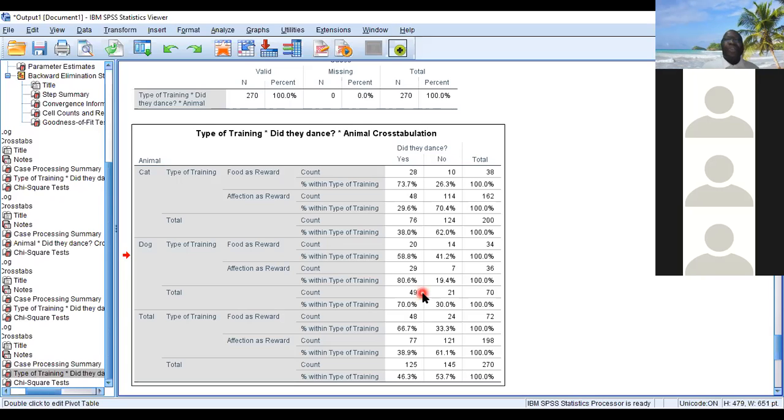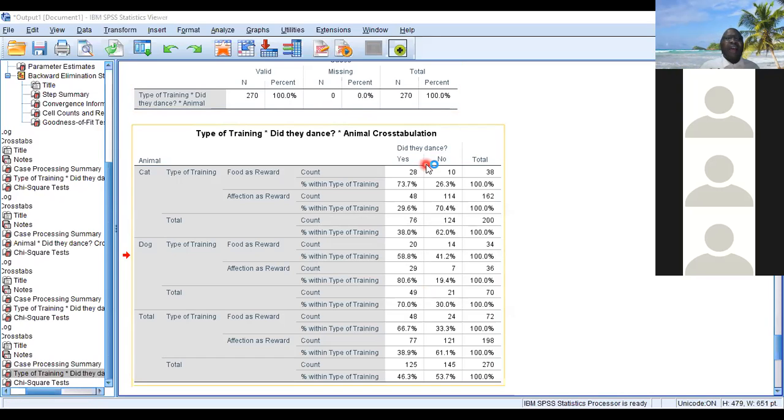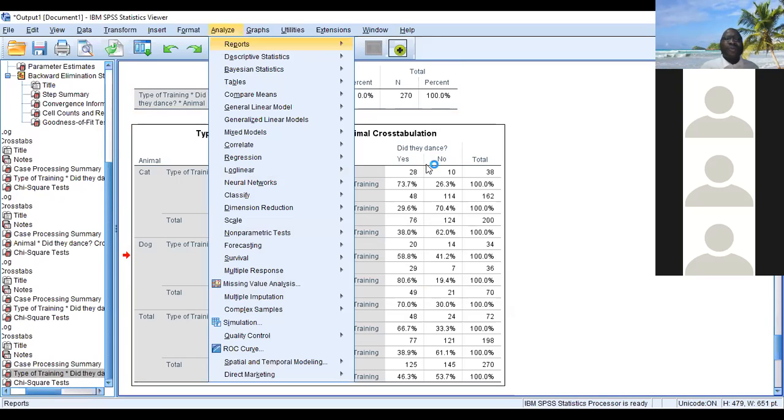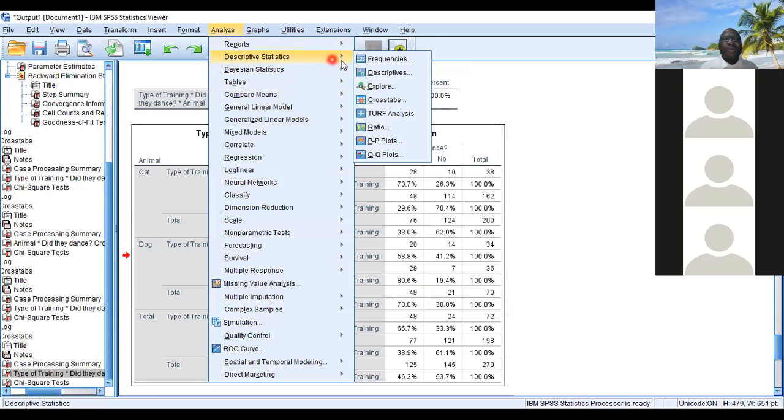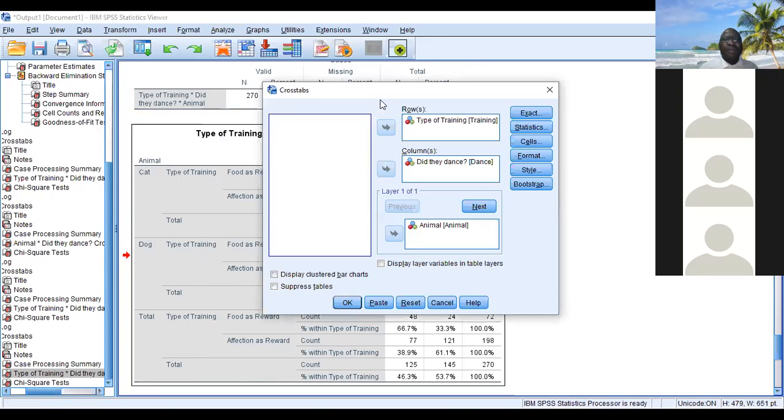Okay, it's affection. Let me run that one. Does that one even make any difference? Let's run that one. Let's look at affection. Affection will be the outcome variable.